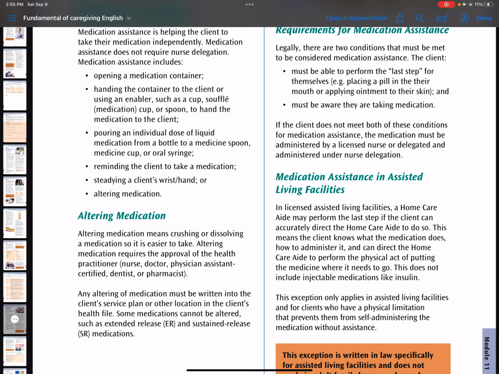The client has to do the last step, maybe putting it in the mouth. And the client must be aware that they are taking the medication. If these 2 are fulfilled, you can just give them the medication. You don't need any nurse delegator. If the client does not meet both of these conditions for medication assistant, then you need a nurse delegation to do it.